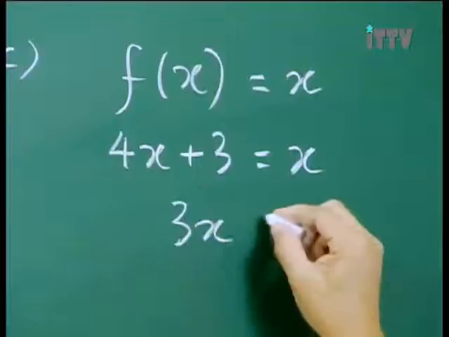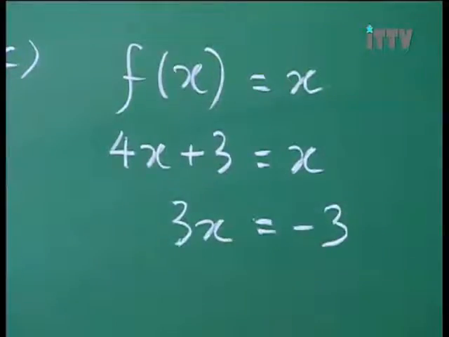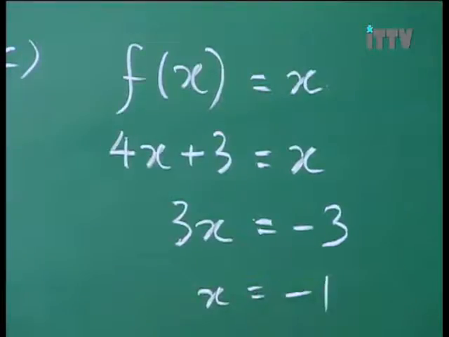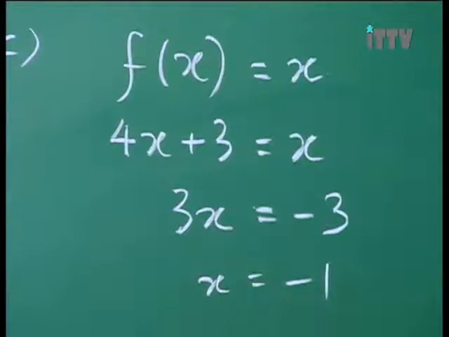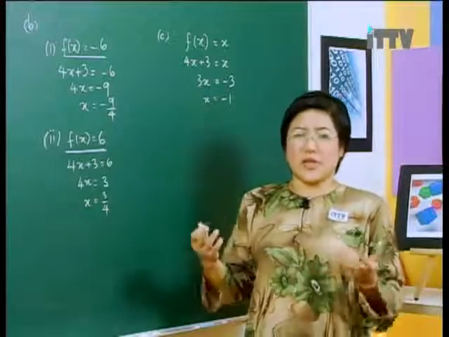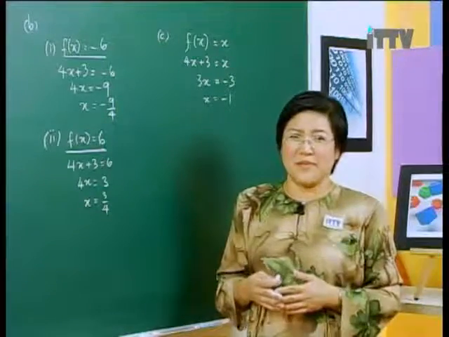Solving this will produce 3x is equal to -3, and then the value for x is equal to -1. So you will find that the value of x equal to -1 will produce back the solution of -1 itself too. That means both the object and image turn out to be the same number.